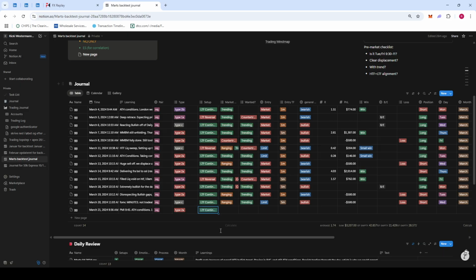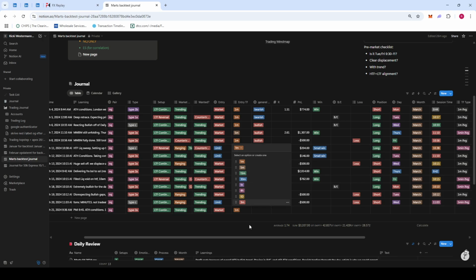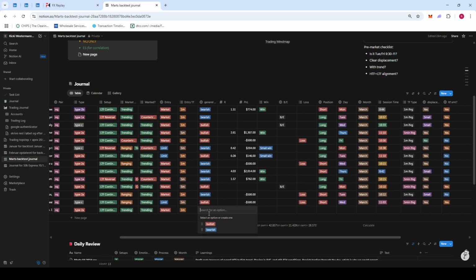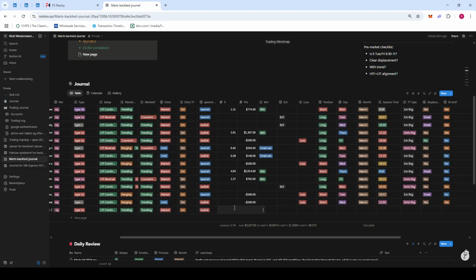Low time frame continuation. What is the market? It's trending. What did I want? Trending. It was a market order on the 1 minute time frame. General very bullish. 157. And then I can see it's 762 win. Long.